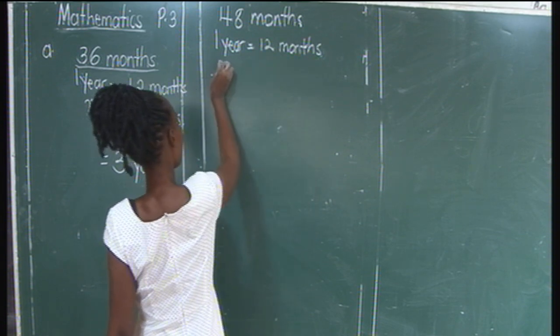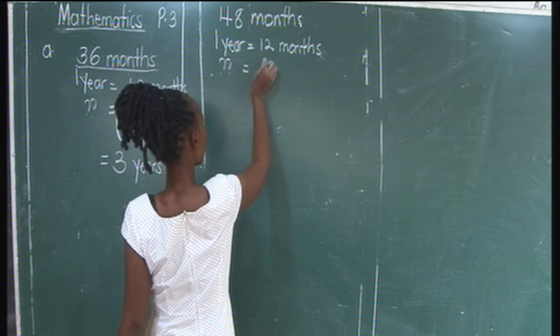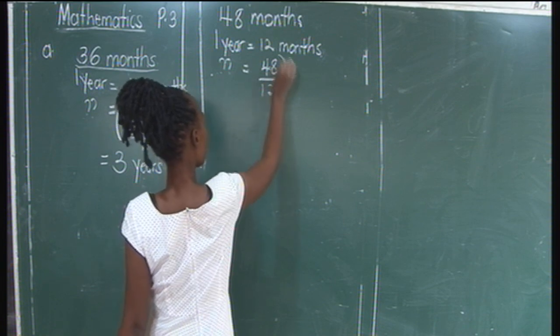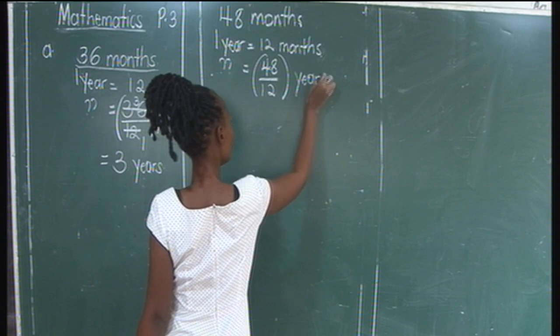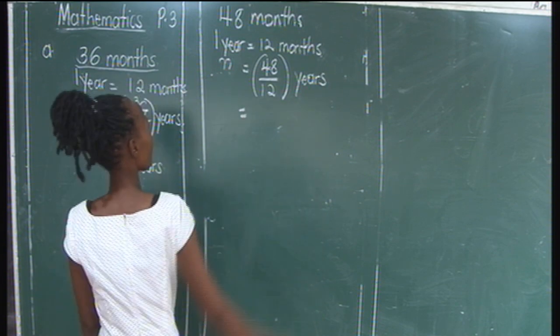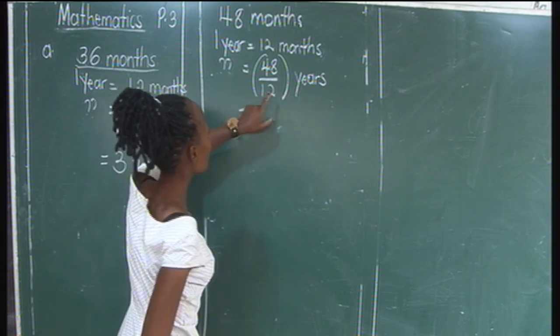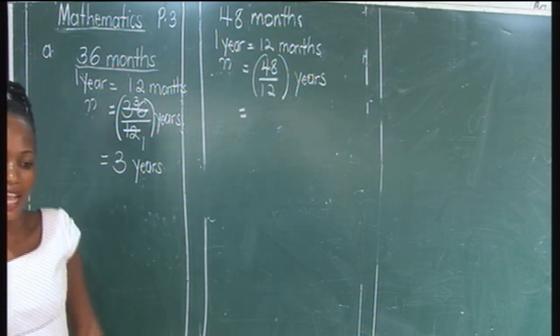What about the years which we don't know? We shall have the 48 divided by the 12 months in a year. Our answer is supposed to be in years. Now you can tell me this 12, how many times will it go into this one? Then that will be the answer.